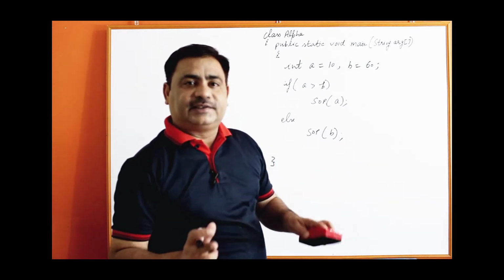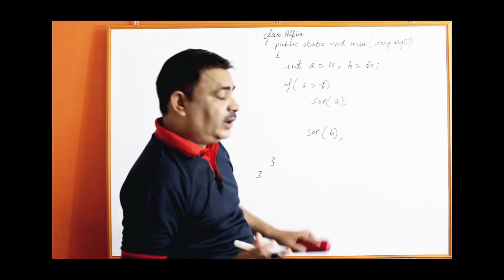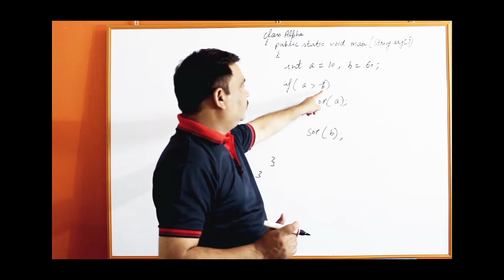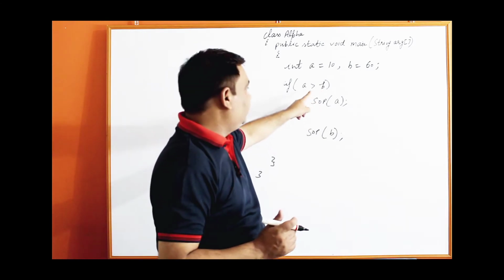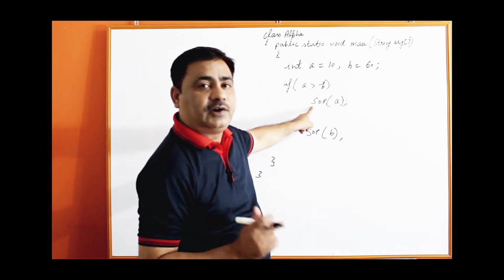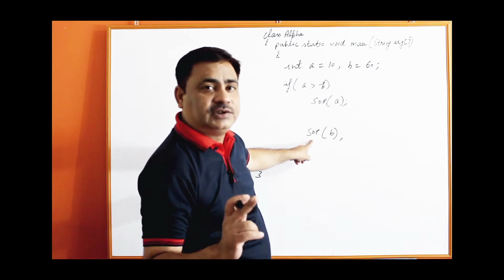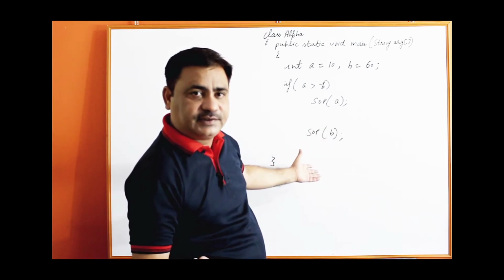Okay. Now we can also use the if condition without else. See, without else. Now what will be the effect? If the condition is true, then this statement will execute. If the condition is false, this statement will not execute. I am not talking about this statement because this statement will execute in both cases.